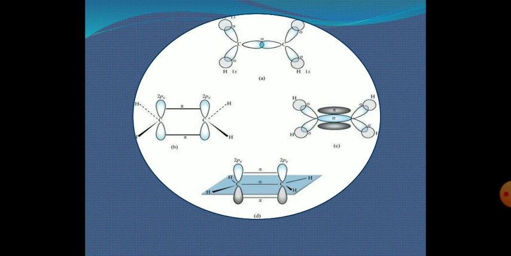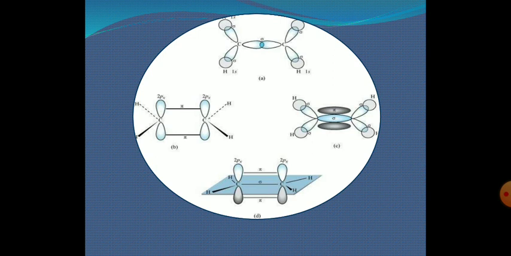When the bond is formed along the axis by the overlapping of two orbitals, a sigma bond is formed. In figures A and B you will notice that when the sidewise overlap of 2px orbitals takes place, out of the axis, a weak pi bond is formed.